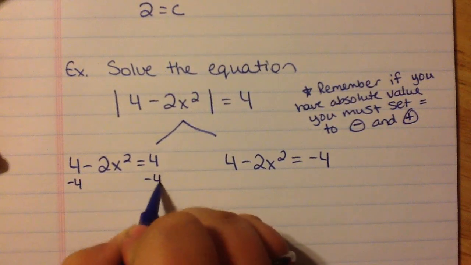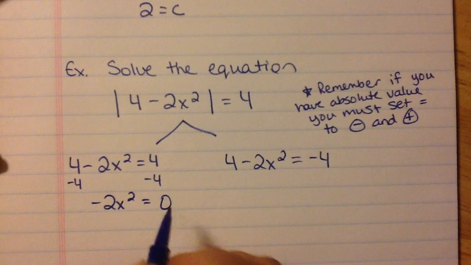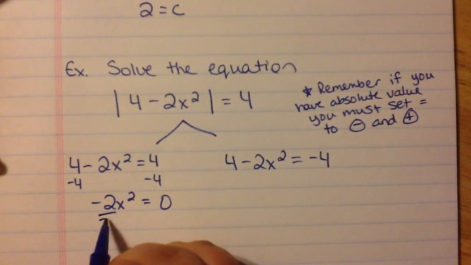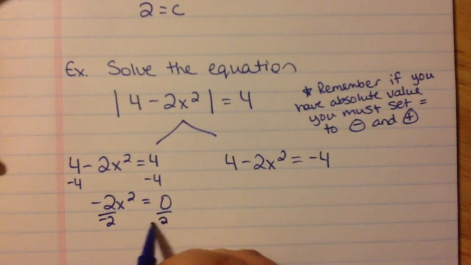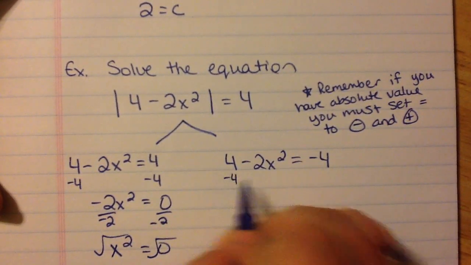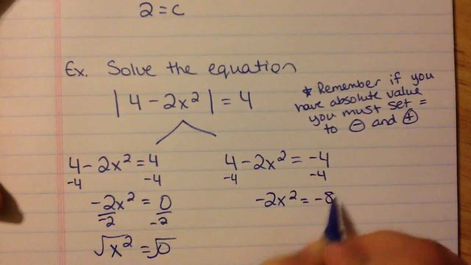Subtract 4. I'm going to solve using my square root method because there is no x term. Remember, when there's no x term, you can use the square root method. Divide by -2, so x squared is 0. I take the square root of both sides, so x is 0 on this side. Subtract 4 over here, you get -2x squared equals -8.